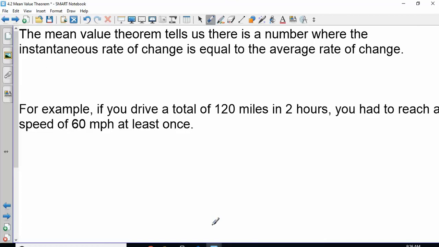If you drive for 2 hours and travel 120 miles, would you believe that somewhere in your trip you had to hit 60 miles per hour for your speed? Yeah, it would be impossible to have never hit that speed. So that's what it's telling us. That's at least one instant on that trip, your instantaneous rate of change would equal the average.